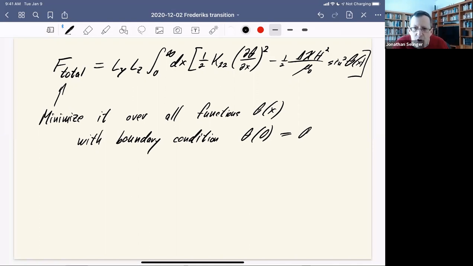So this is a standard sort of problem in liquid crystal physics. Let's see how to solve it.